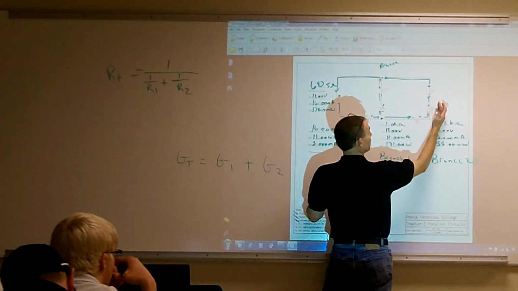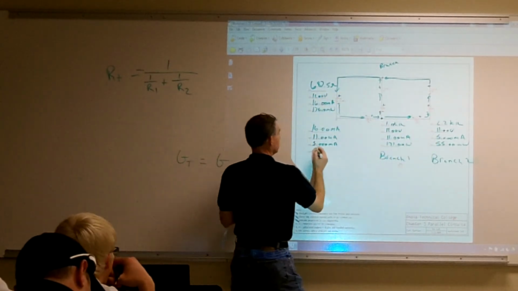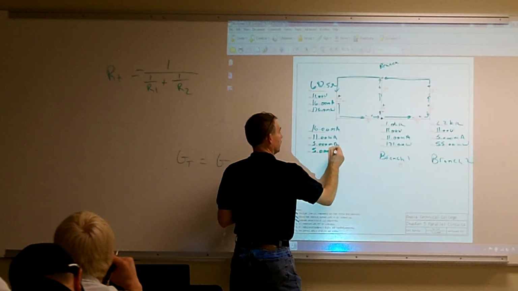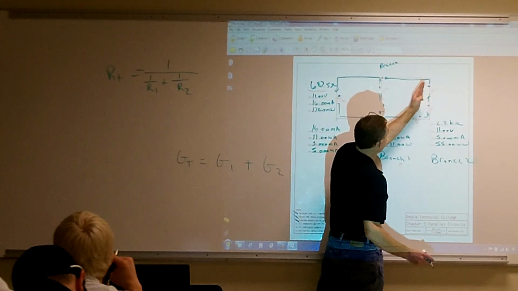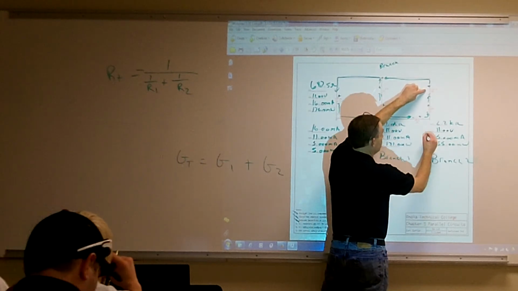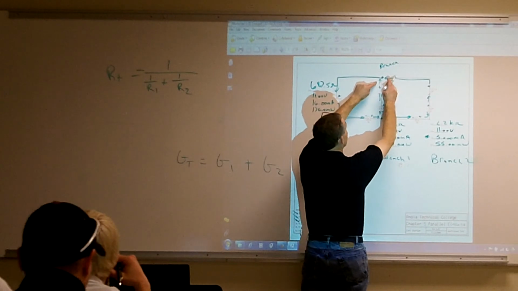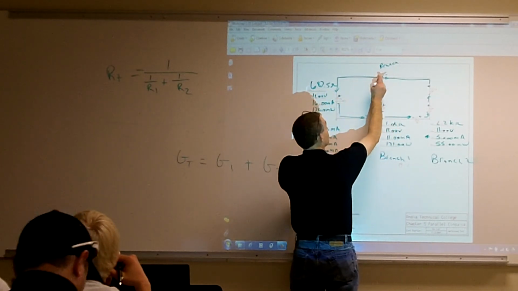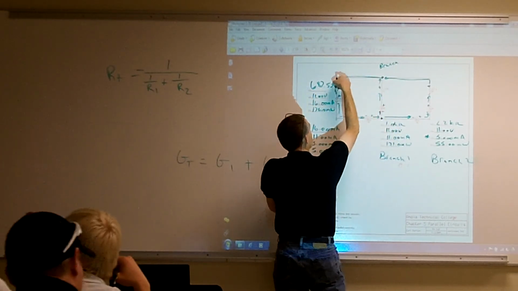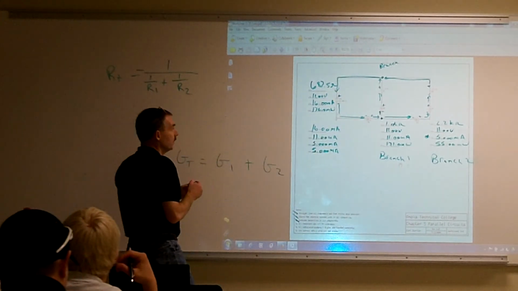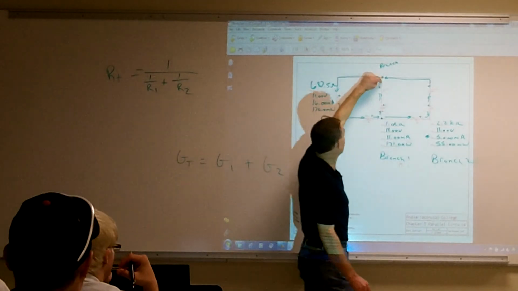And then coming up, going into M4, I'm going to have how much? 5 milliamps, the same amount of current going in there. And then I have 5 milliamps going through R2, which we just calculated. And then those two currents are going to combine. If I have those two currents combined again, how much current do I have going back into my source? 16 milliamps.